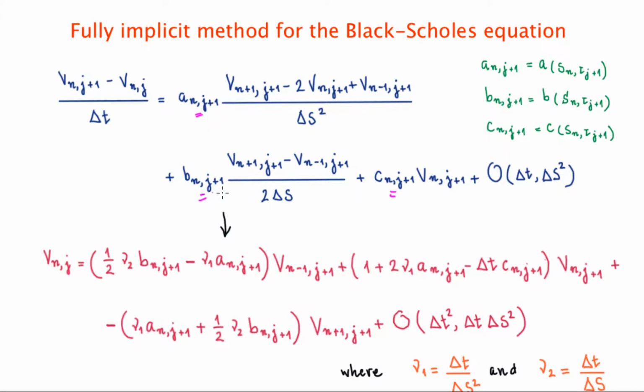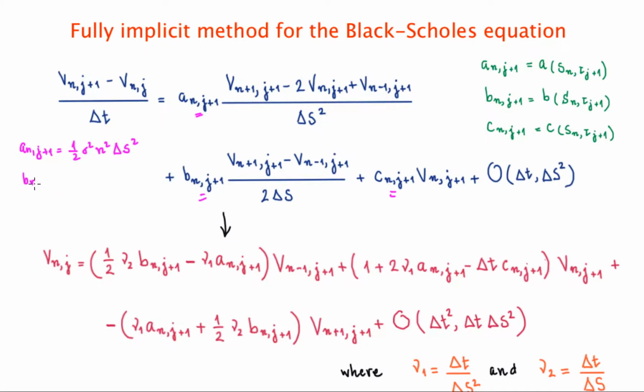As you can see here, the A, B, and C are evaluated at time j plus 1. In the simplest case where the volatility and the interest rate are independent of time, there is no difference in these coefficients, at least with respect to the explicit method. So this A_n evaluated at time j plus 1 is going to be 1/2 sigma squared times S squared, and S squared is n squared times delta S squared.